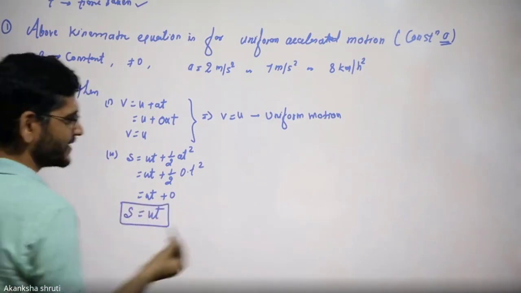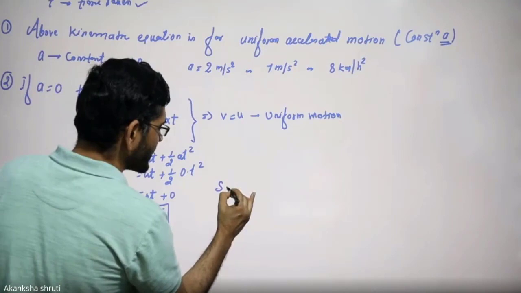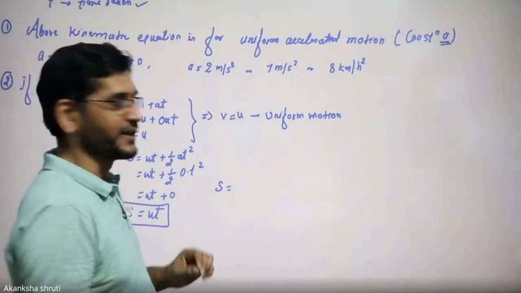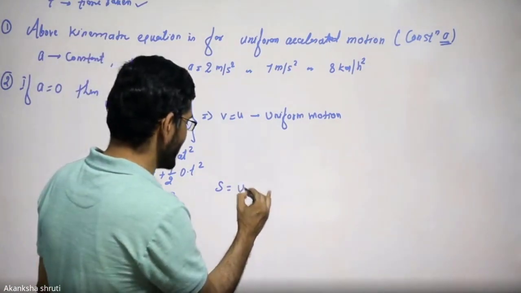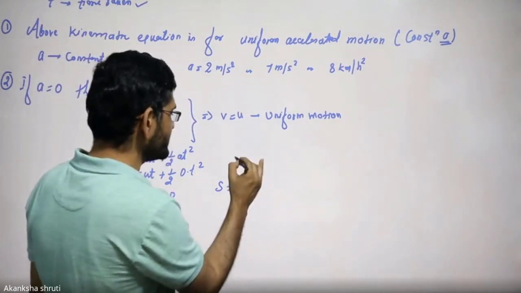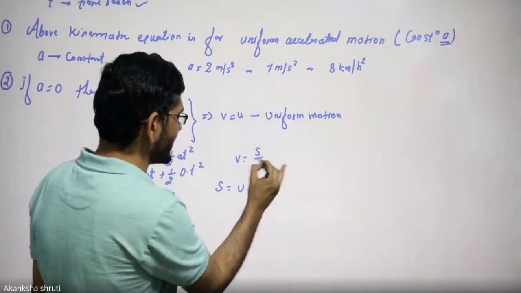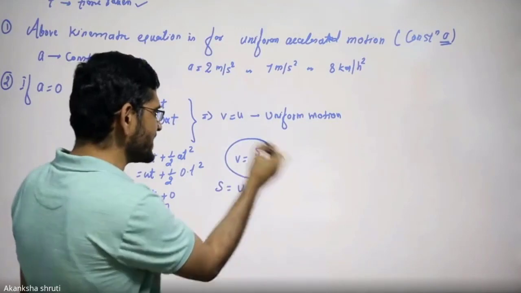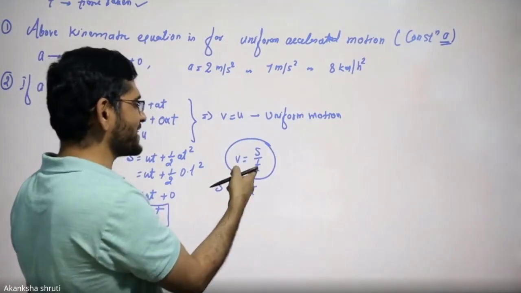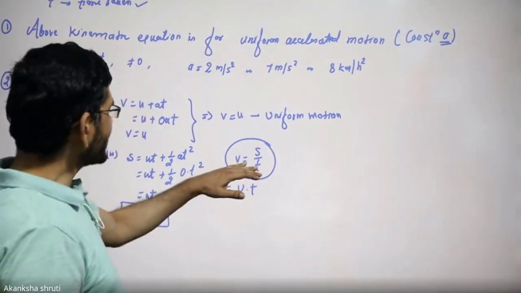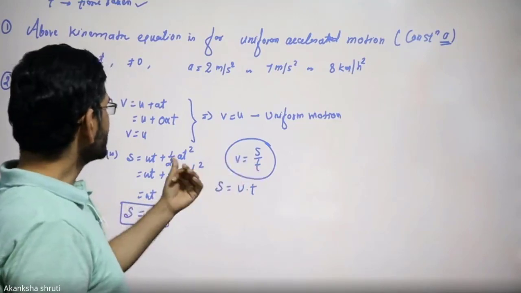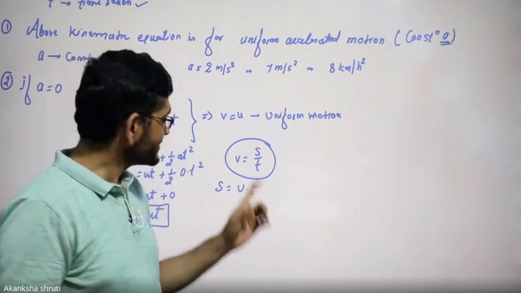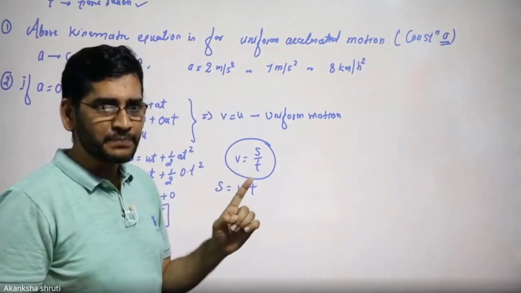Recall that for uniform motion, if the body is moving with speed v, the displacement is given by v into t. Speed is distance by time, or velocity is displacement by time, applicable only if the body is not under acceleration. That was basically the definition of speed.